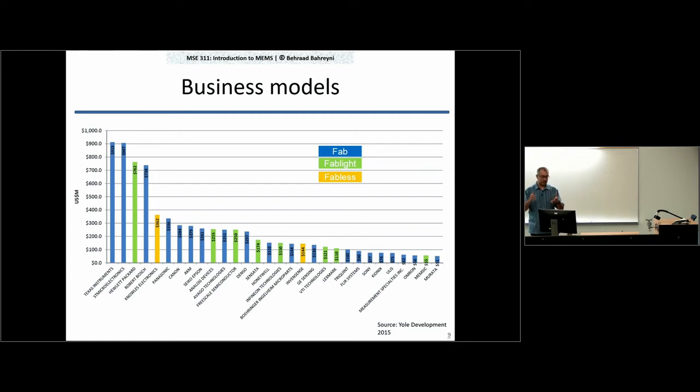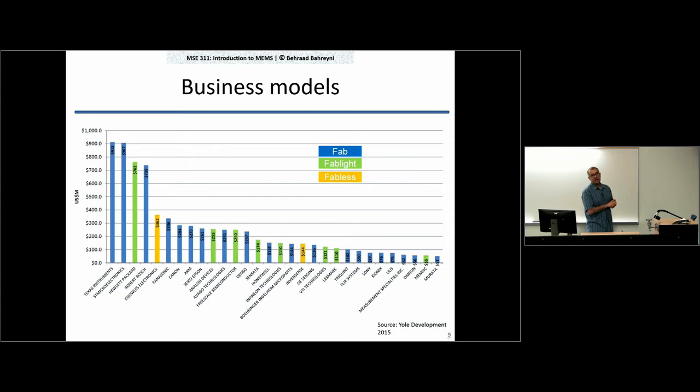You don't want to let anybody else use it for you besides you, right? So there is a good number of MEMS companies that are called fab light. They do the fabrication, but usually only towards the end of the process line, and only a couple of steps that are usually not available through external service providers.